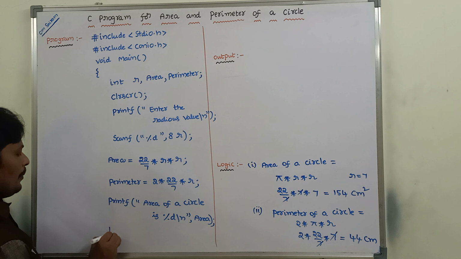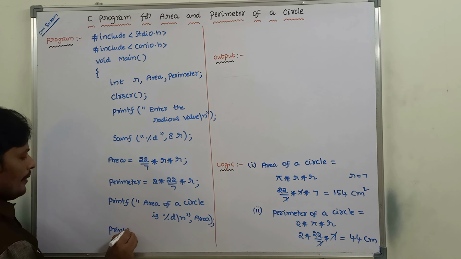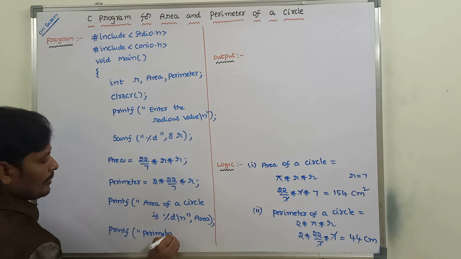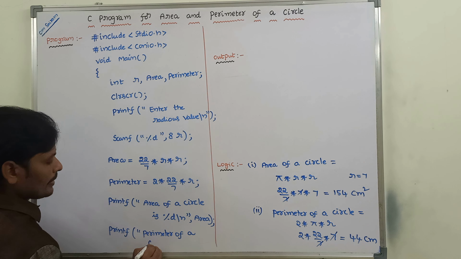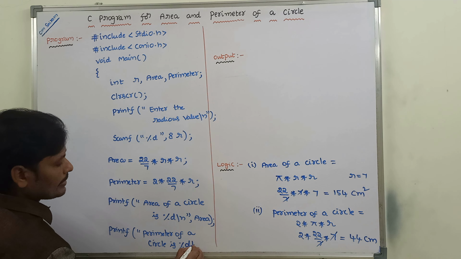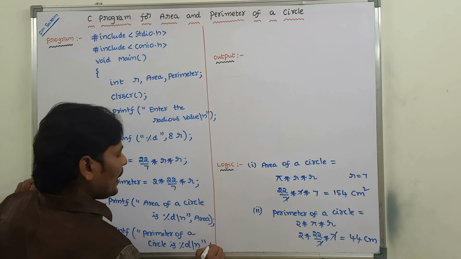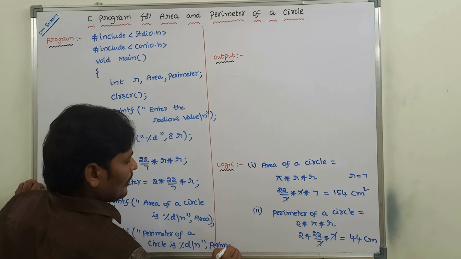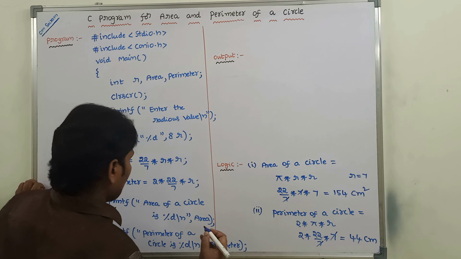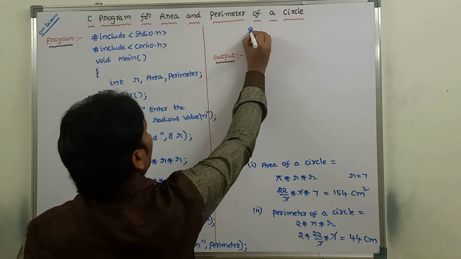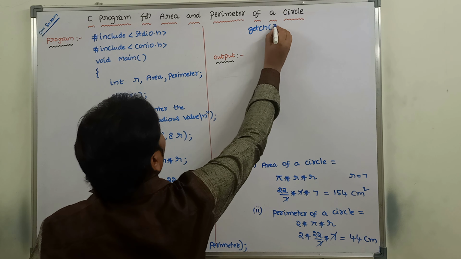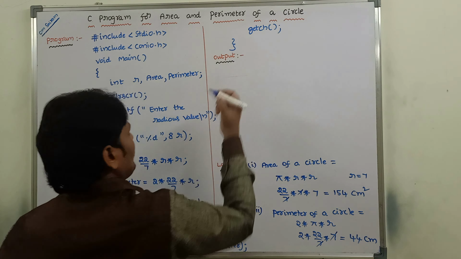Next, printf perimeter of a circle is %d slash n in double quotes, comma perimeter. After that, getch and close the main function. So this is the simple program for finding the area and perimeter of a circle.